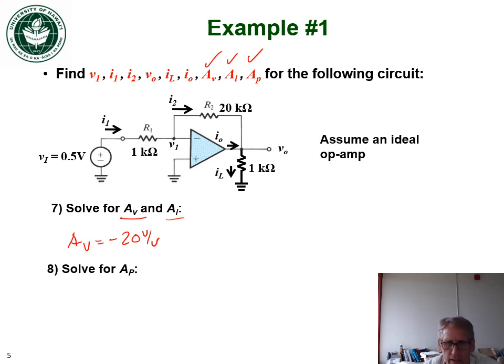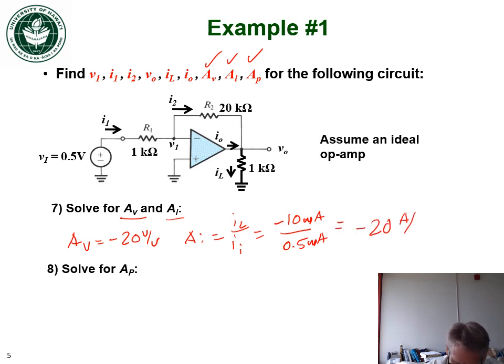And the current gain, AI, that's going to be equal to the load current, IL, divided by the input current, II, which would be minus 10 milliamps, divided by 0.5 milliamps, which is equal to minus 20 amps per amp.